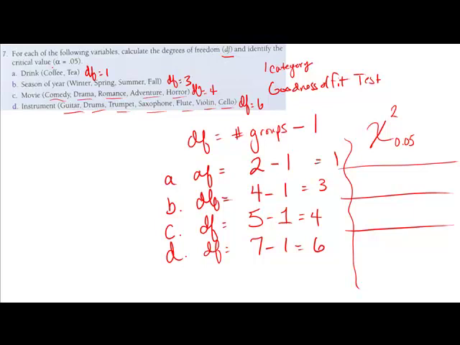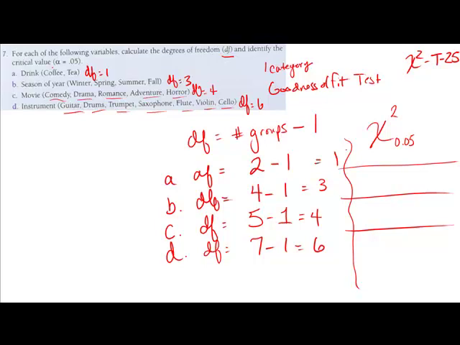So if I look on page, again, chi-square T25 in your textbook, or you can reference the chi-square table that I printed out or left in Moodle.